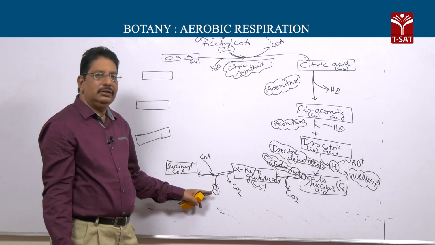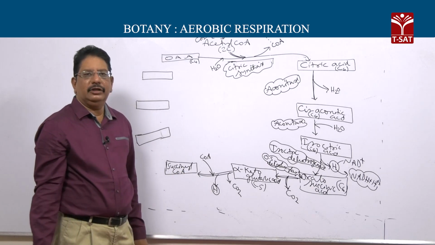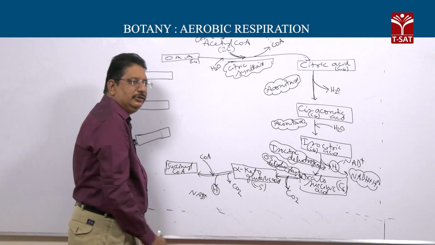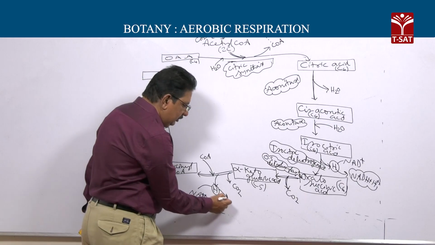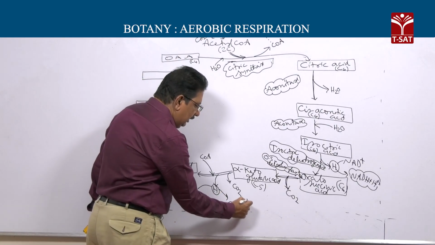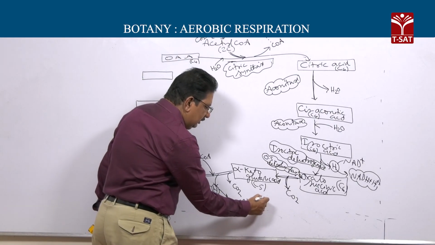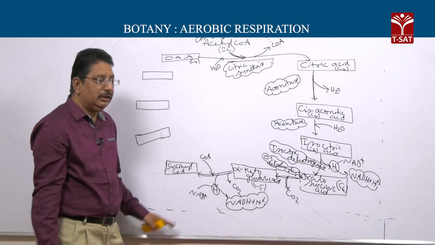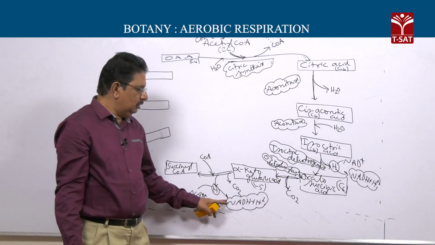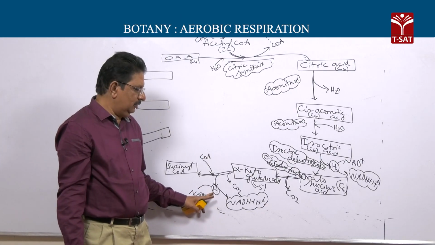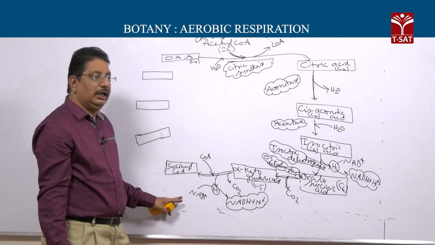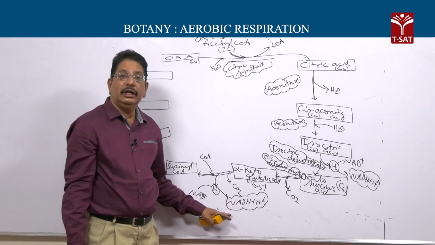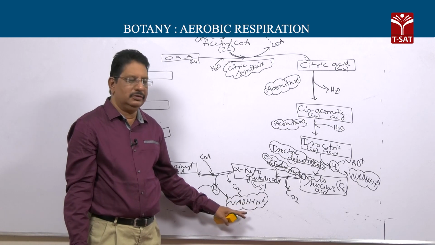So, these hydrogen atoms are taken by NAD plus again, which is reduced into NADH plus H plus. So, once again during the aerobic respiration there is hydrogen liberation accepted by a hydrogen acceptor, NAD plus, which forms NADH plus H plus.